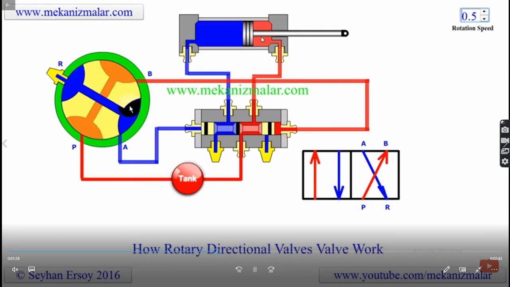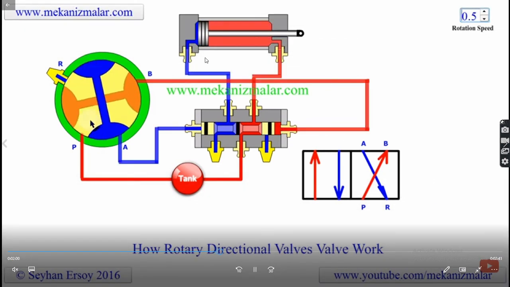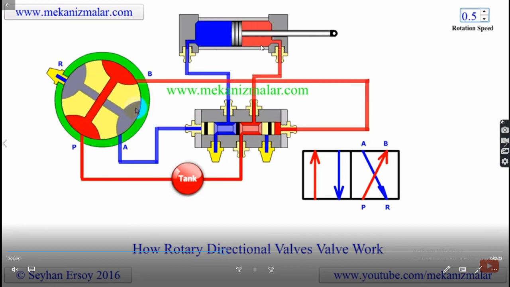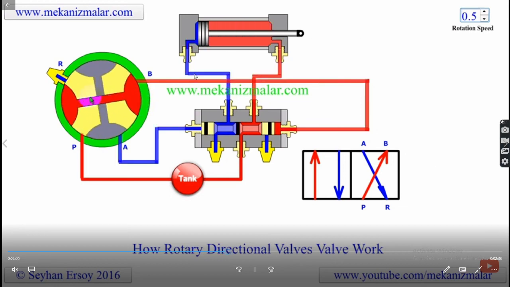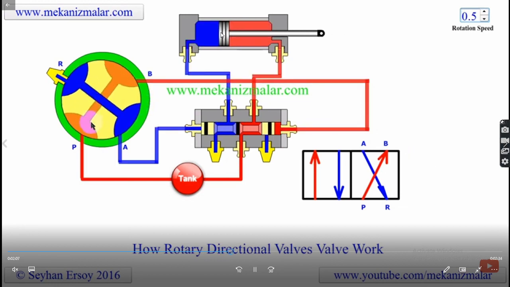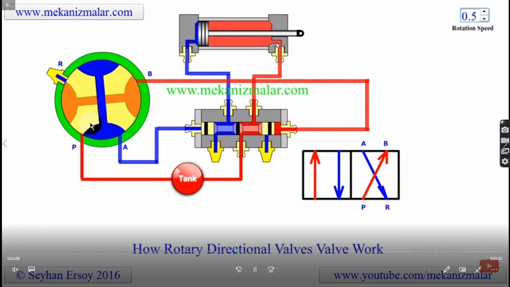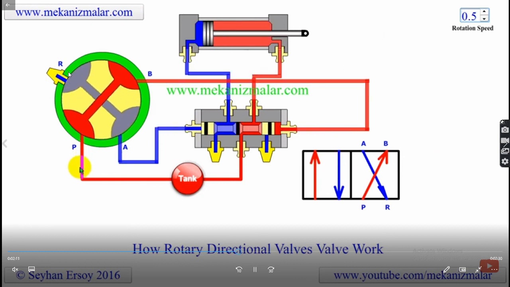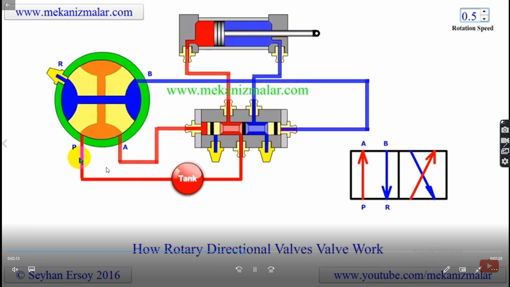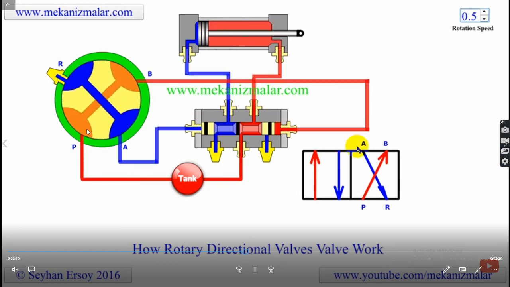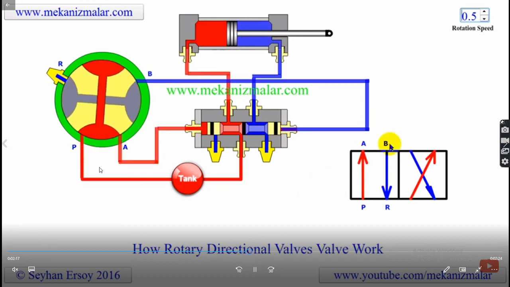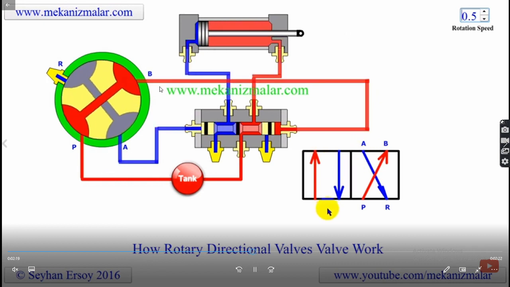This piston is getting supply from two sides. When you give pressure here, it moves right. When you give pressure here, it moves left. Here you can see, this will open this, like that.